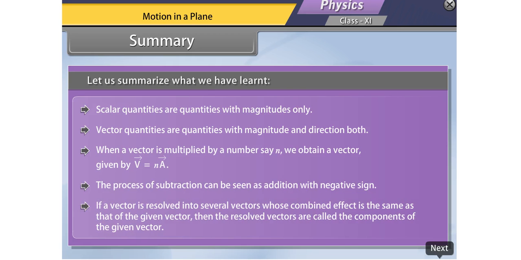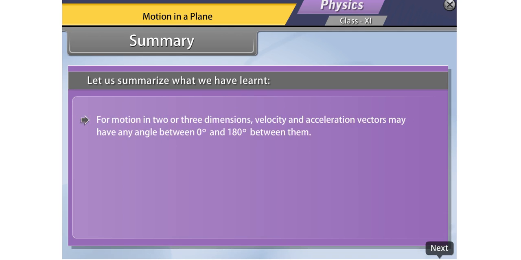If a vector is resolved into several vectors whose combined effect is the same as that of the given vector, then the resolved vectors are called the components of the given vector. For motion in 2 or 3 dimensions, velocity and acceleration vectors may have an angle between 0 degrees and 180 degrees between them.